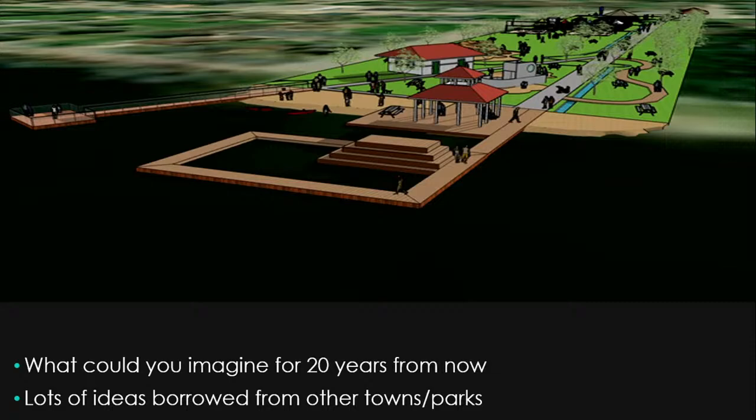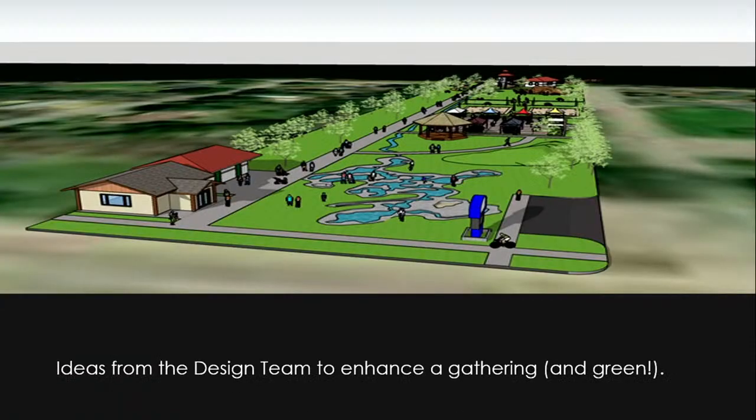It's a very different view than what we have currently, but it's a way of presenting ideas for people to discuss and prioritize. So that's from the lake, and this is from the street level.